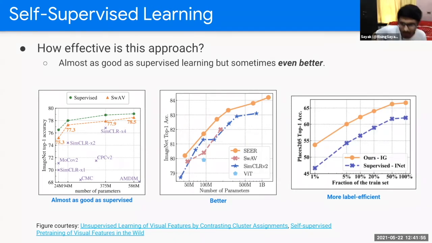So the meaning of label efficiency is when you have access to a labeled dataset. If you have pre-trained your model on a large corpus of unlabeled data using some self-supervised objective, and you have access to a 1% labeled dataset, those models trained using self-supervised learning methods will perform better than vanilla supervised pre-training, right?